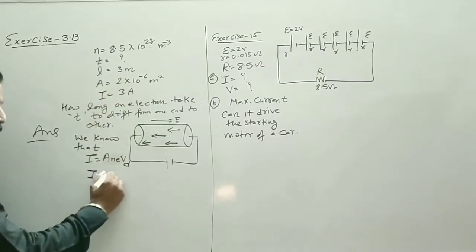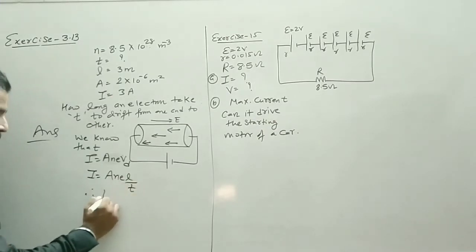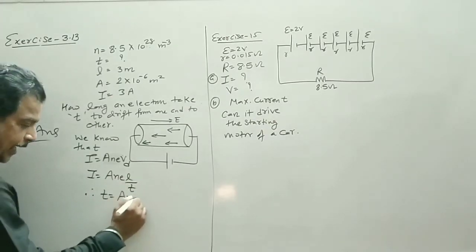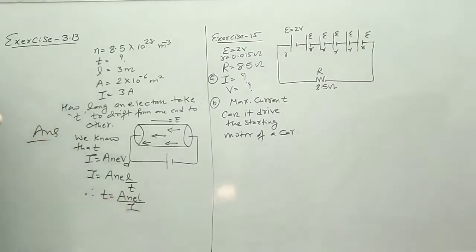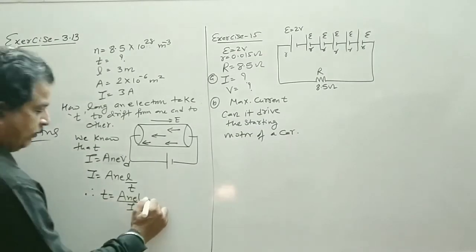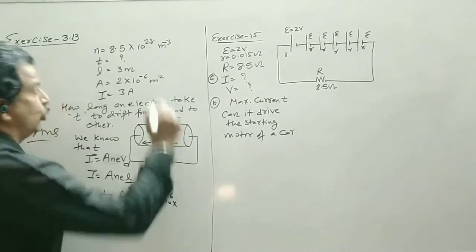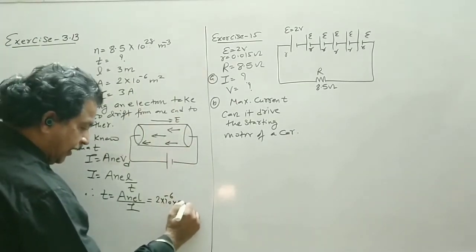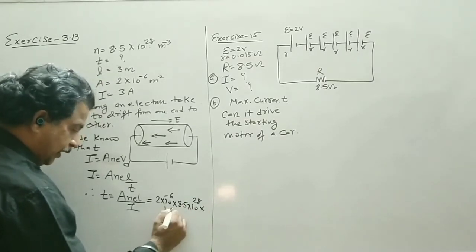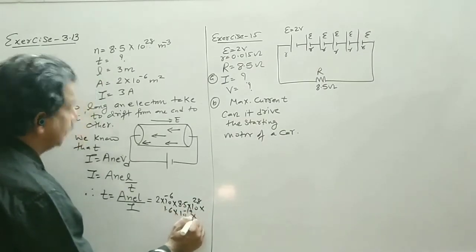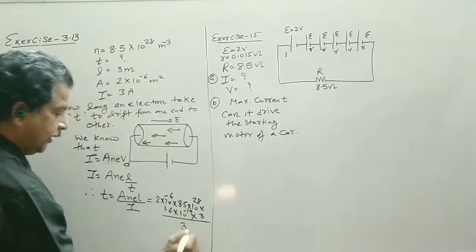So I is equal to nAeL by t, and therefore t is equal to nAeL, which was also our Q, divided by I. So all these values are given. Area is 2 into 10 raised to minus 6, into electron density 8.5 into 10 raised to 28, e value is 1.6 into 10 raised to minus 19, the length is 3 meter, divided by the current, that is 3.